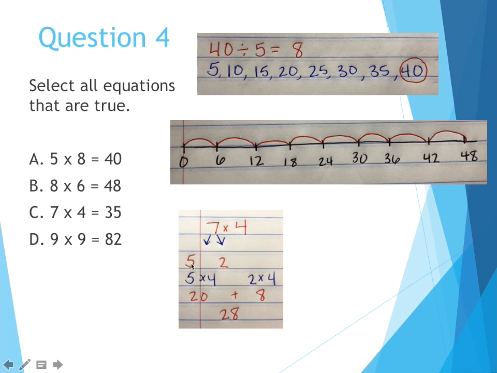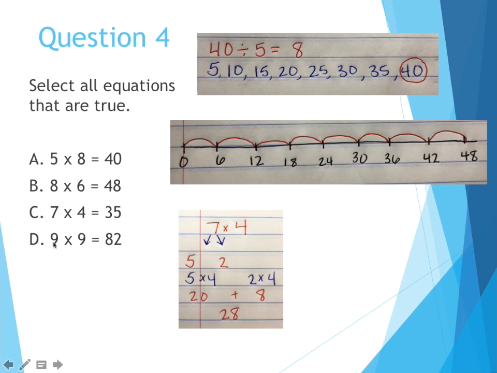So 5 times 4 gives me 20 and 2 times 4 gives me 8. Now I've created very friendly numbers and I can add those together and I get 28. When I look back at C, I see that C says 35. Well, I know that that is incorrect. So C would not work for this one.